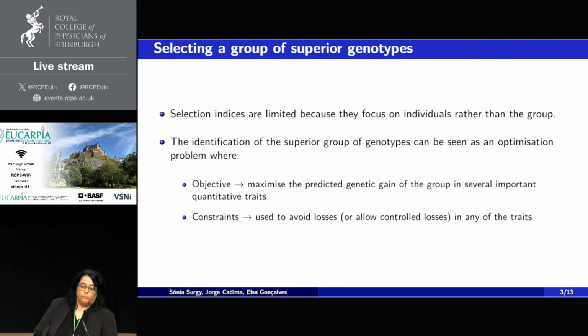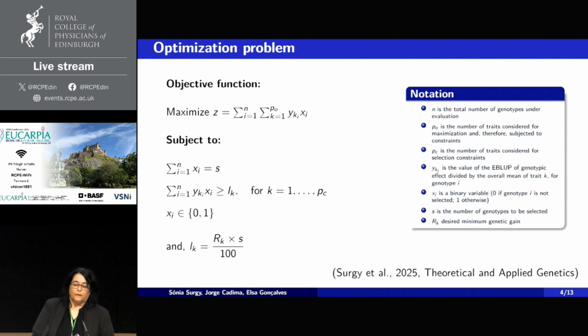So our approach was to look at this as an optimization problem in which we want to maximize the predicted genetic gain of the group while using constraints to avoid the losses. This is our problem, and X is our decision variable. It equals 1 if the genotype is selected, or 0 if it is not.